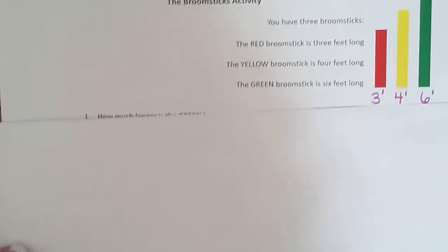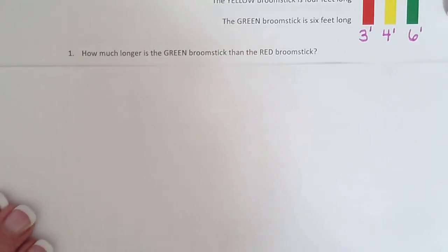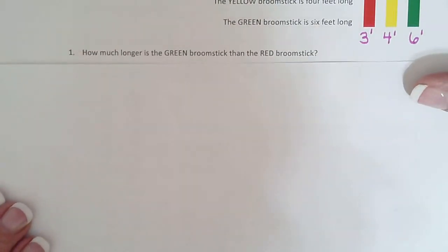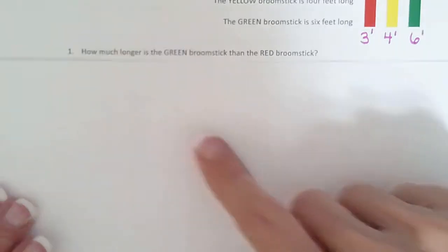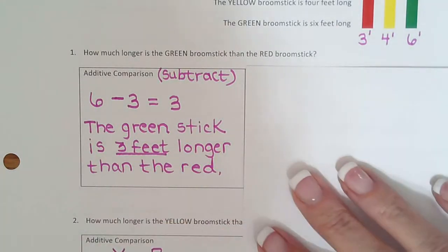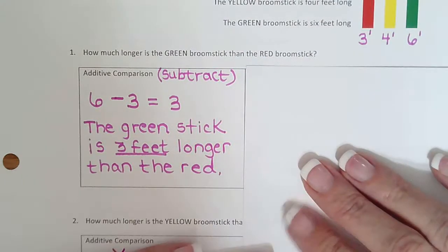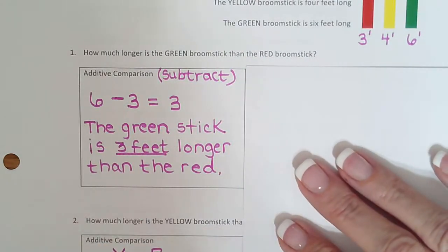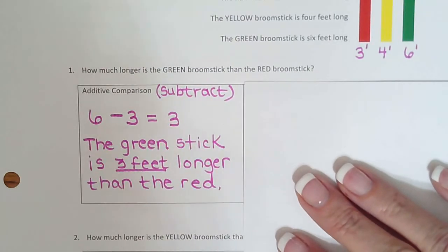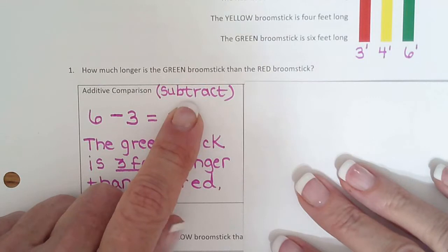The first question says, let's try to keep everything in the picture. How much longer is the green broomstick than the red broomstick? So first we're going to use additive reasoning. Get another piece of paper. Additive reasoning, we said from page 1, is when we subtract.